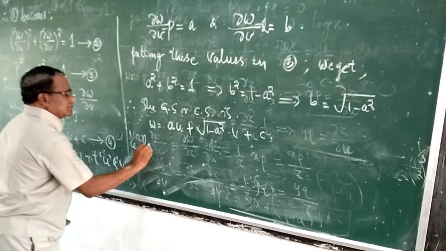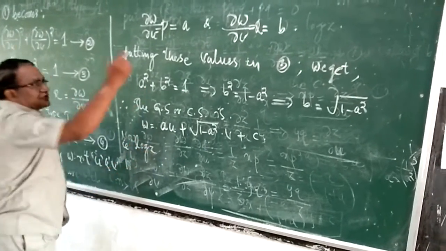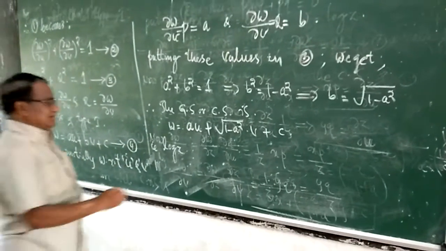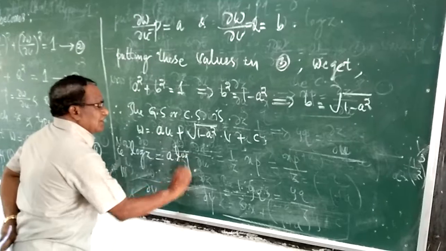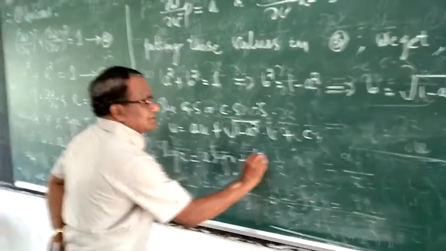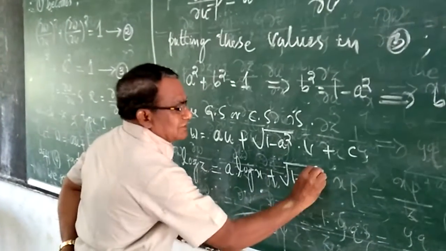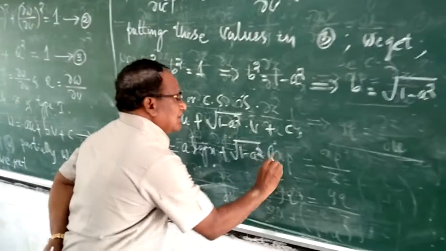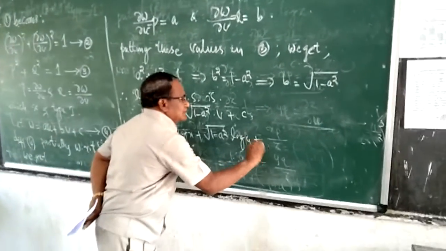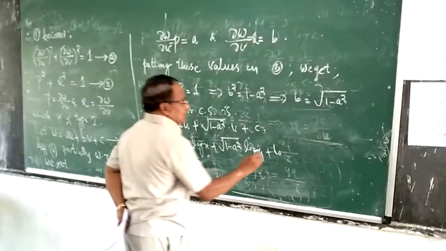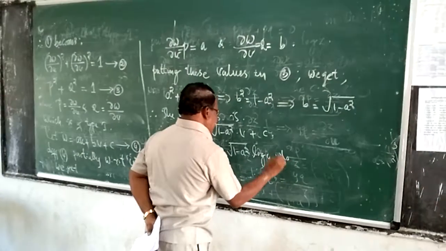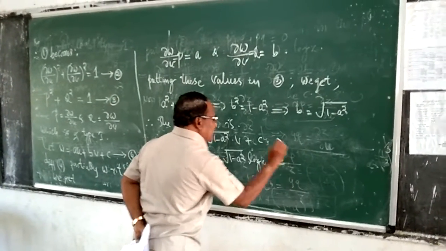By your substitution, log z is equal to a into log x plus root of 1 minus a squared into log y plus c. Even if you want, you can take log c here. Instead of this, you can take c or log c, anyone you can take.